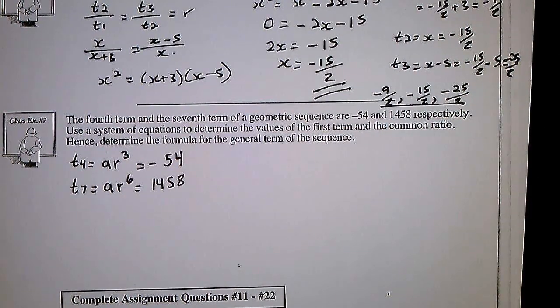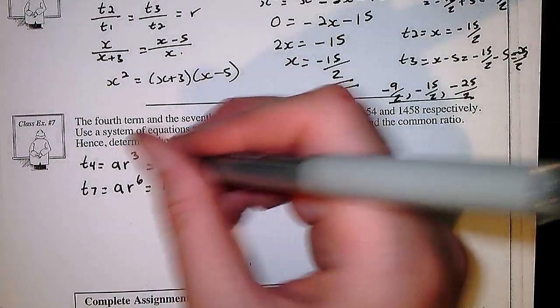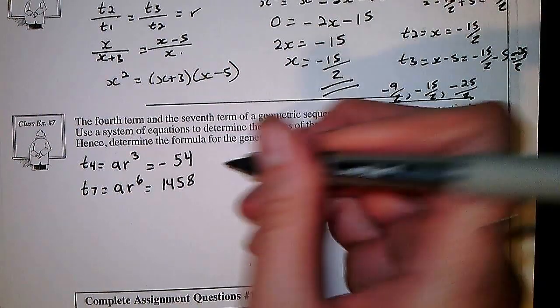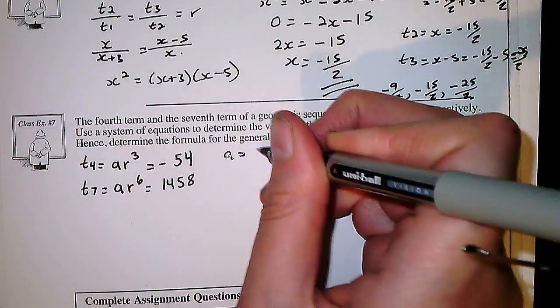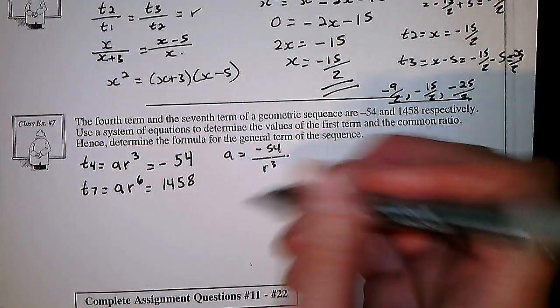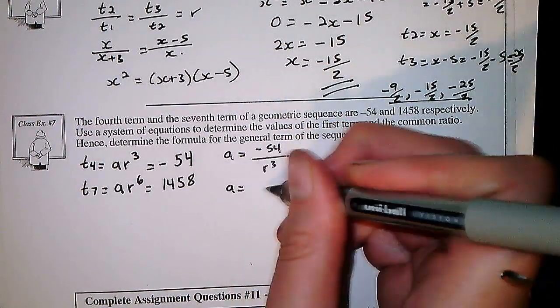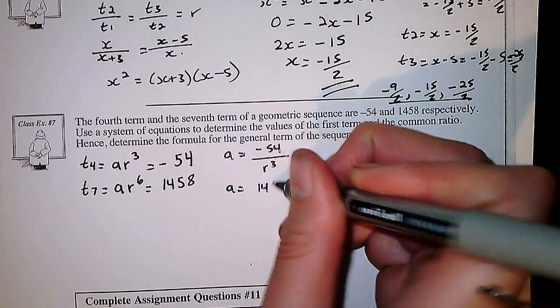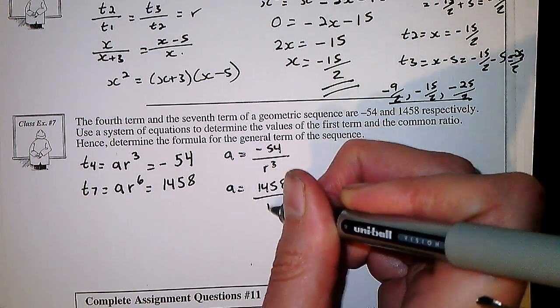Now what I'm going to do here is rearrange these two formulas so that they're in terms of a. So for this one, I'm going to have a equals negative 54 over r to the 3. And for this one, I'm going to have a equals 1458 over r to the 6.